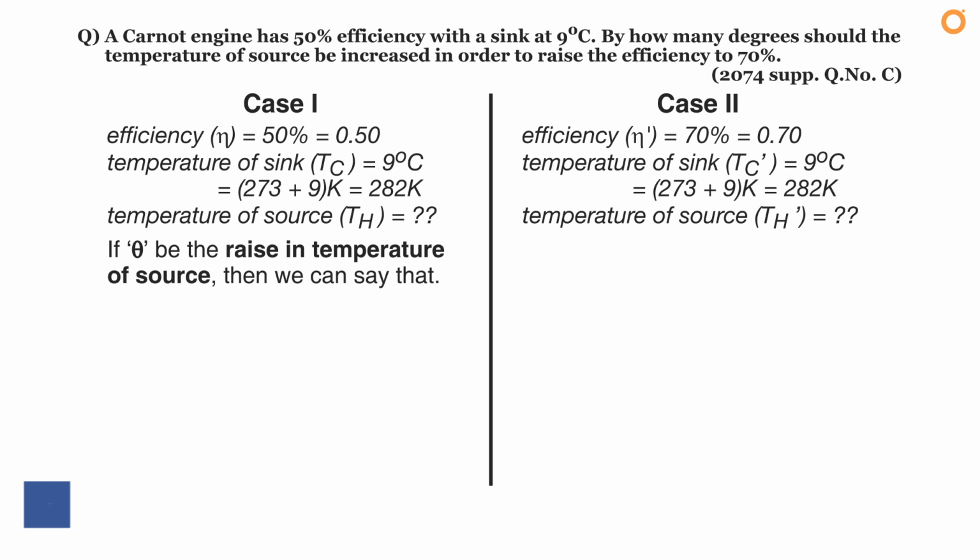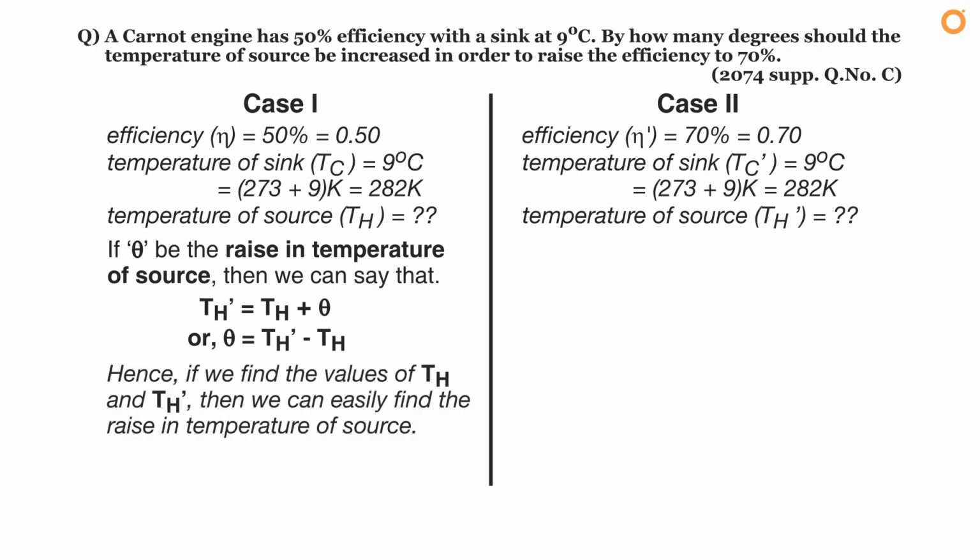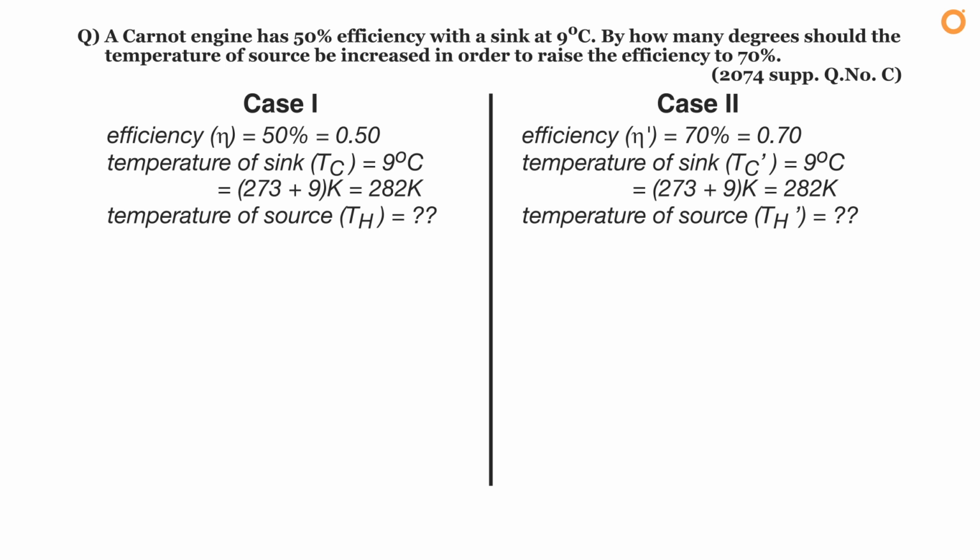If theta be the raise in temperature of source, then we can say that Th', that is the temperature of source in case number 2, equals Th + theta, or theta = Th' - Th. Hence, if we find the values of Th and Th', then we can easily find the raise in temperature of source. Now, let's find the value of Th in case number 1.